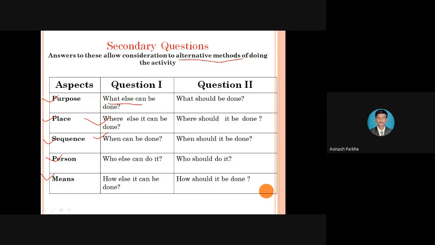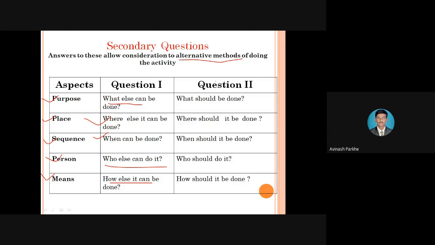Person: who else can do it? If I go for the alternative solution, which person can be provided there in order to go for further manufacturing? How else can it be done? While selecting that alternative solution, what process I have to implement there can be represented by this how type of question.